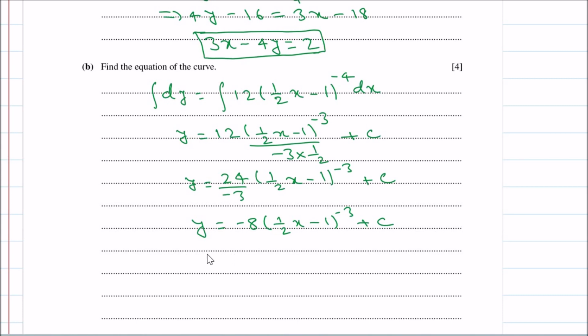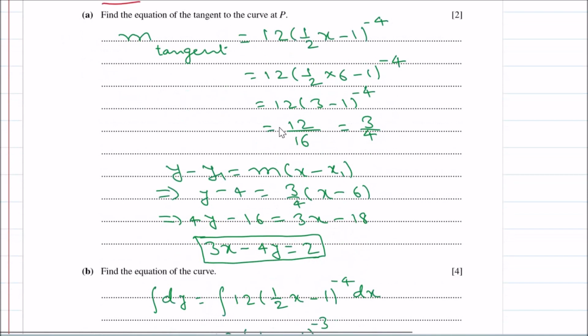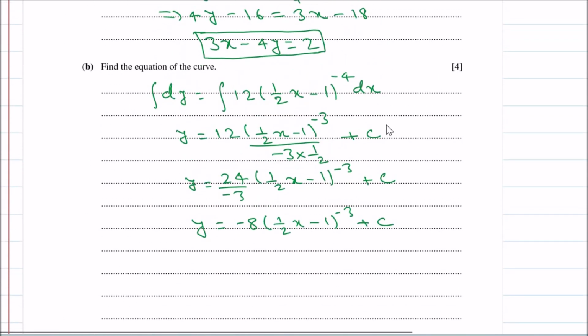To find the constant, one point is given in the question. If you go back to the question, we have the point P (6, 4). So we'll substitute the value of x and y. So let's substitute. y is 4, x is 6. So 4 equals minus 8 times (half into 6 minus 1) to the power minus 3 plus c.